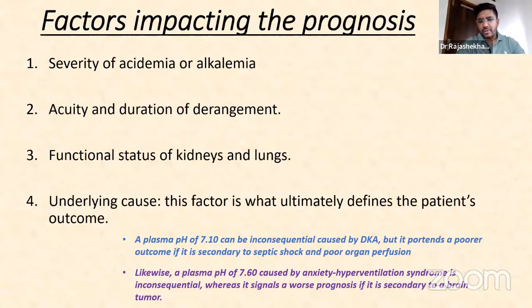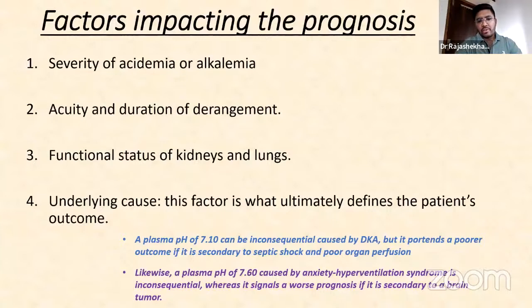Likewise, if the patient has anxiety hyperventilation, where the patient is washing out more CO2, we expect mild respiratory alkalosis from the CO2 washout, which may be inconsequential. The patient may not be having any problems, just anxiety-induced hyperventilation. Whereas the same amount of alkalosis caused by a brain tumor involving the respiratory area, by causing central neurogenic hyperventilation, can lead to sudden death.